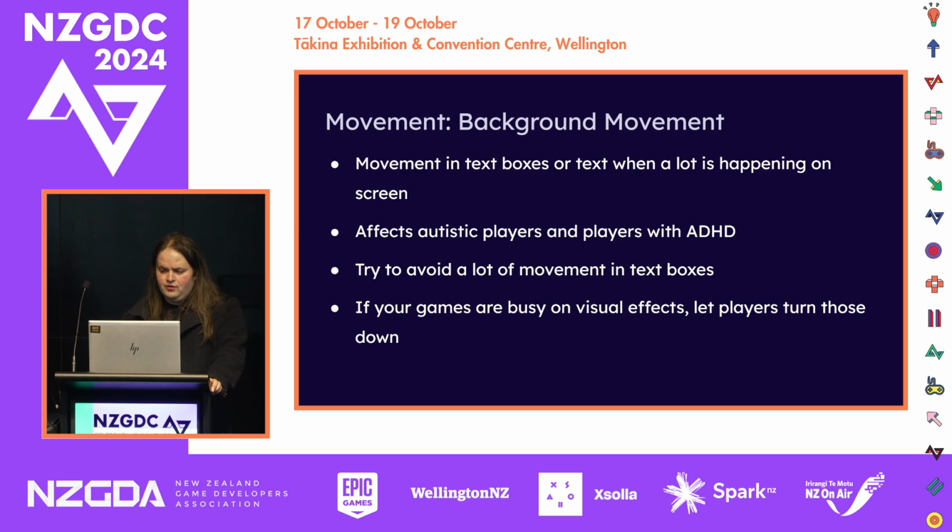And it can also be an issue for autistic players who might get overwhelmed trying to read the text while lots of other stuff is happening on screen. So try to avoid a lot of movement happening in your dialogue boxes or let players turn it off. And if your game is heavy on particles and all that, consider letting players turn those down. Both of these moves will help prevent players from being distracted by movement while trying to read your text.